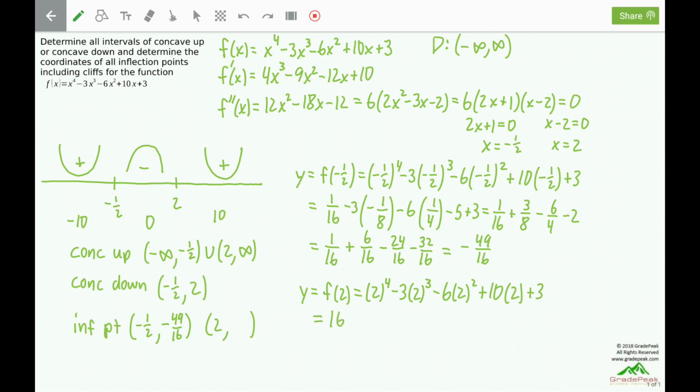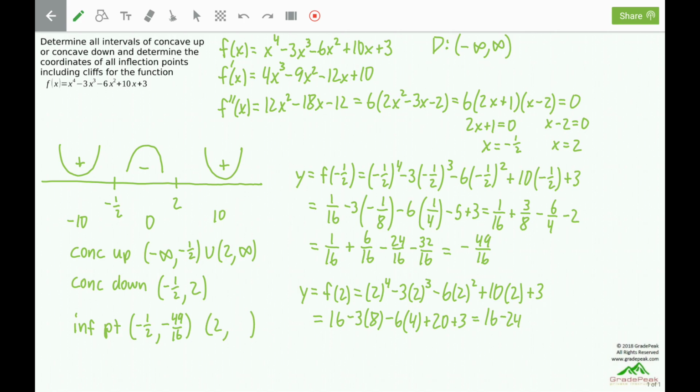2 to the 4th is 16, minus 3 times 2 cubed is an 8, minus 6 times 2 squared is a 4, plus 10 times 2 is a positive 20, and then plus 3. So we have a 16. A minus 3 times an 8 is a minus 24.